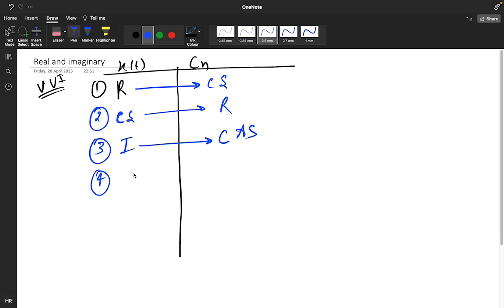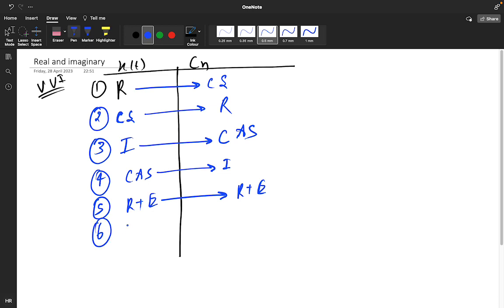If you have a complex anti-symmetric signal this side, then you will have imaginary this side. If you have real plus even this side, then real plus even will be this side also. If you have imaginary plus even this side, then imaginary plus even this side also.